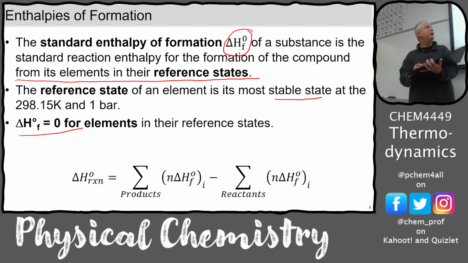So now that we have a 0 on our vertical scale, we can compare everything to the elements in their standard states. And so some enthalpies of formation of compounds will be positive, meaning they're kind of uphill thermodynamically from their elements, and it would be stable for those molecules to fall apart. It would be exothermic if they fell apart.